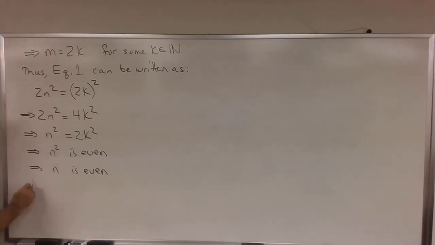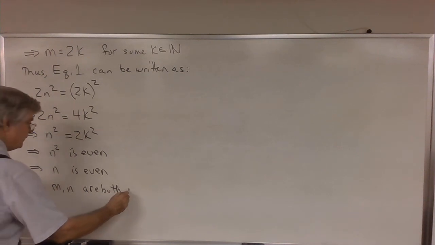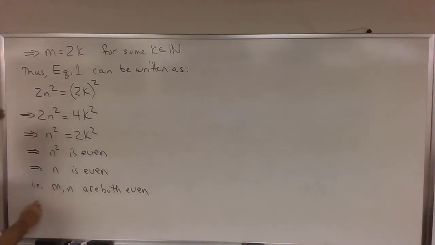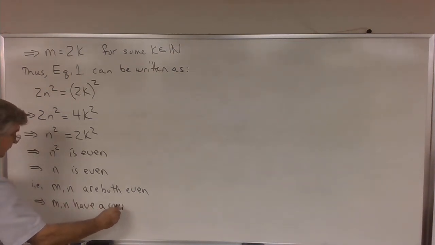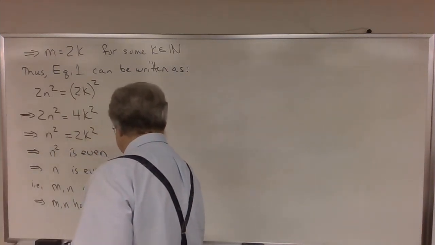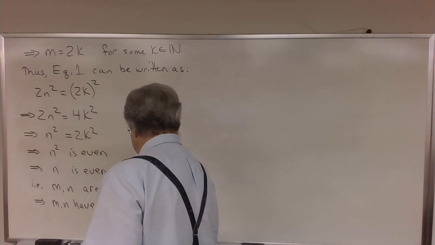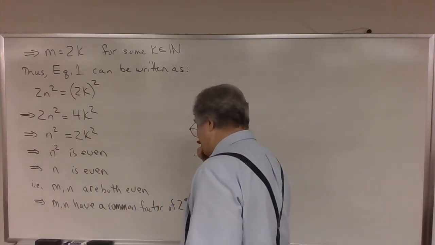Well, let's see. That means m and n are both even, which means m and n have a common factor of 2.